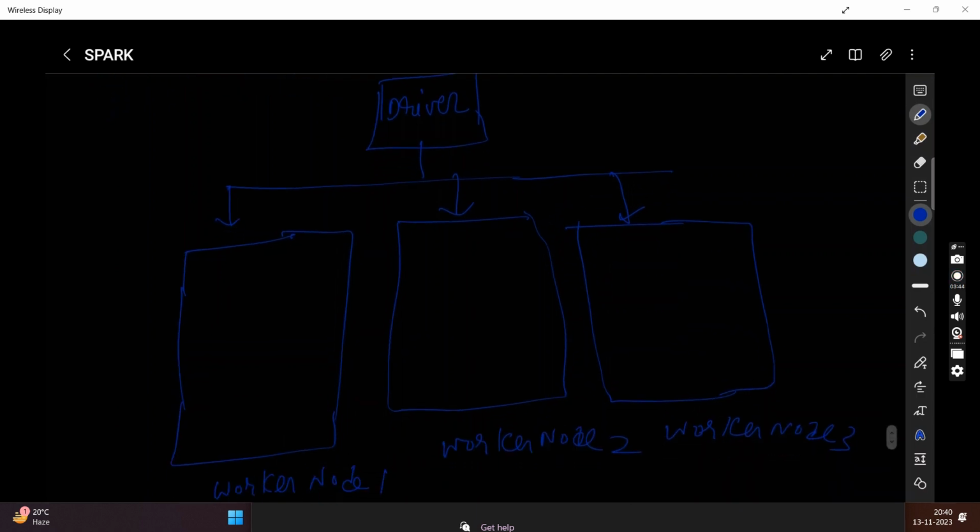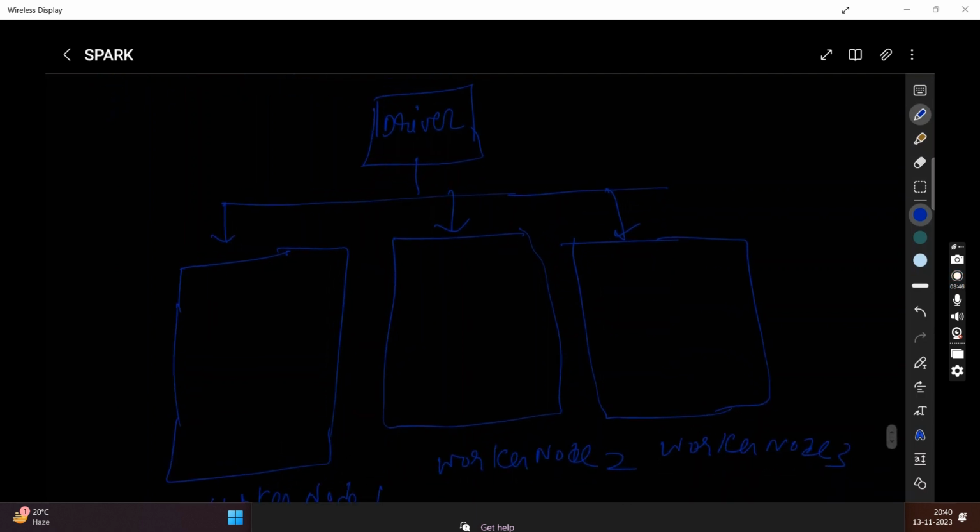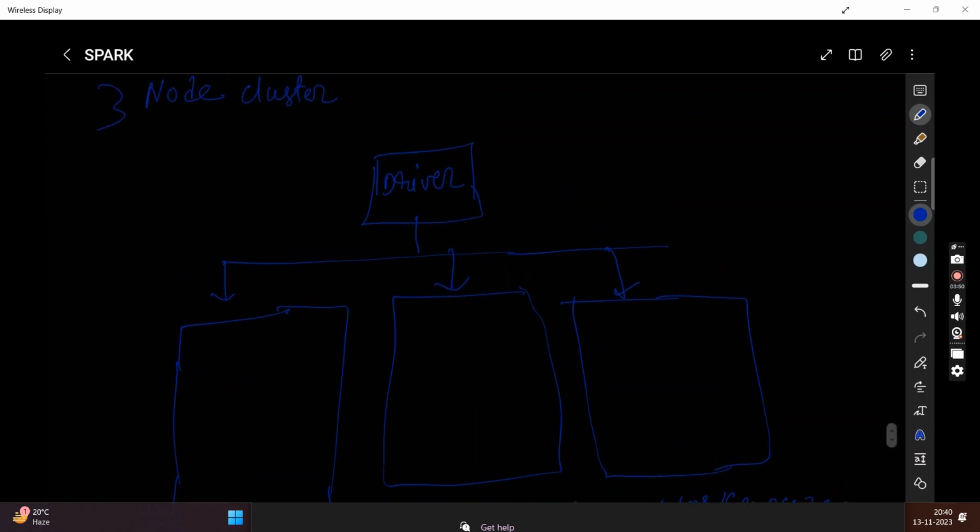In HDFS, imagine we have 500 MB data. How many blocks will it occupy in HDFS as per the default block size? The default block size is 128 MB.